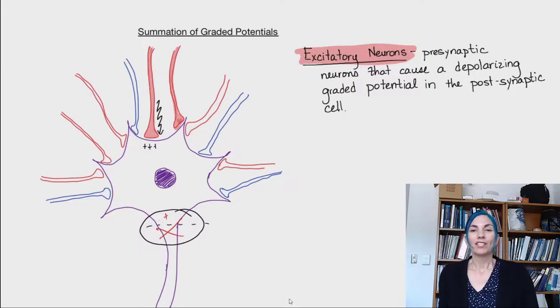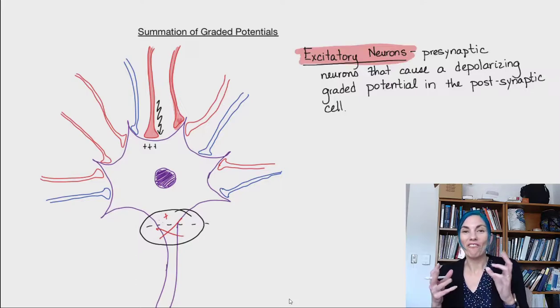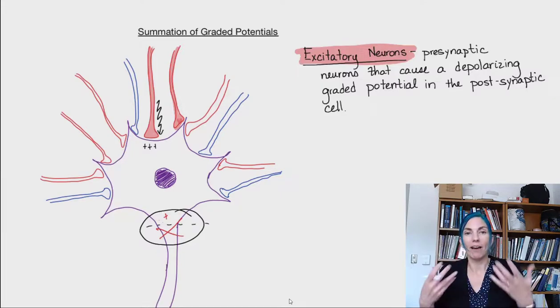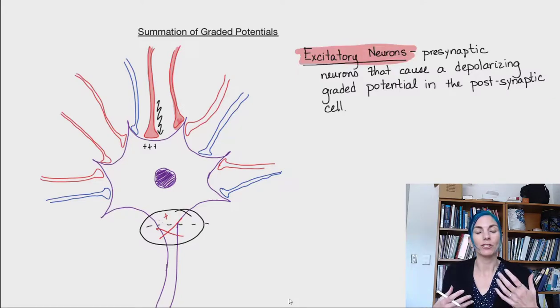Okay, so excitatory, we talked about that phrase, excitability. When you have high excitability, you're more likely to have an action potential. So excitatory neurons are going to be ones that make it more likely for the postsynaptic cell to have an action potential, or at least have enough depolarization to start an action potential.